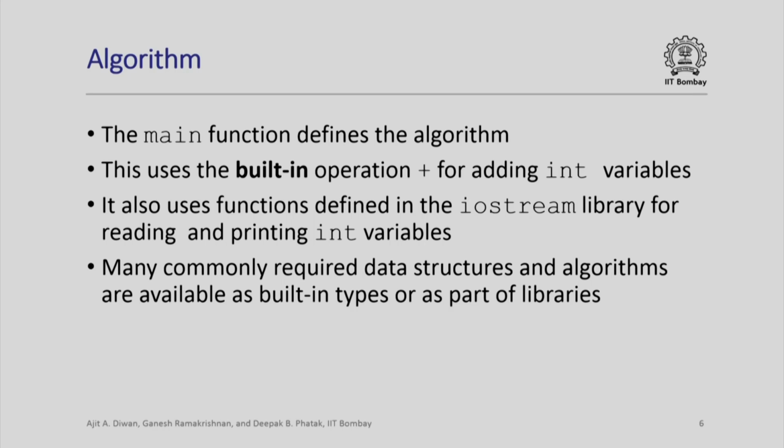These functions are defined as part of the iostream library, but we will not be concerned with them at the moment. Many commonly required data structures and algorithms are available as built-in types in C++ or as part of libraries. So in many cases, you do not need to build your own data structures or define your own types, but you can use what is available to represent whatever data you want.